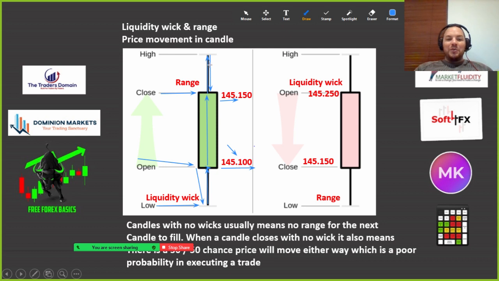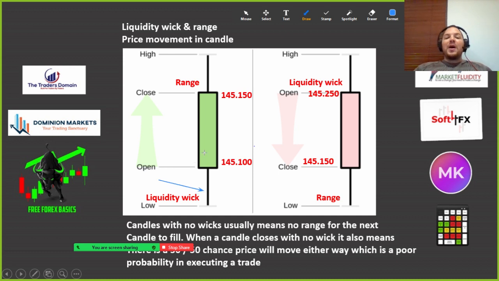This is me giving you price, the opening of a candle, creating a low, and coming back up to its entry. Over here, what do we call this here? It's a liquidity wick. Let's just erase everything here so we can discuss this. What we call this here is a liquidity wick.